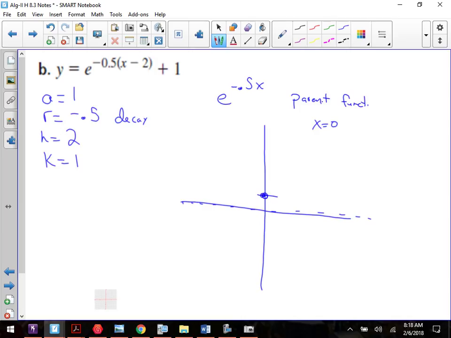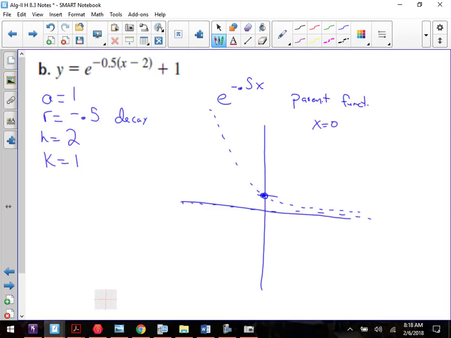This is decay, which means since it is above the asymptote, it's doing this. If it was below the asymptote, it'd be coming up to it. It matches the same idea as before, growth and decay.